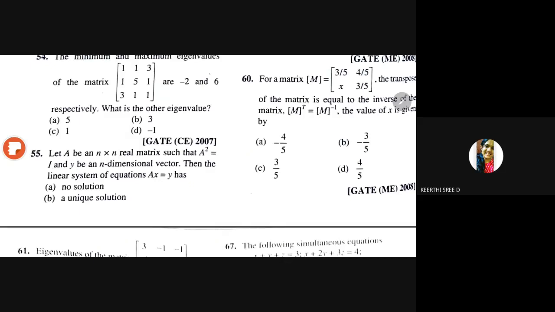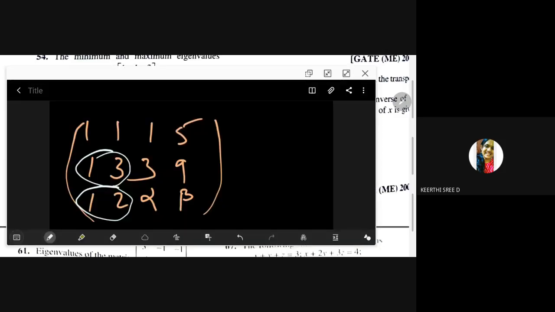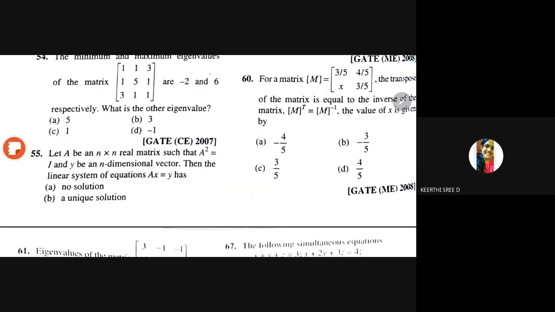He says A squared is equal to I. Now he wants to talk about Ax is equal to y.